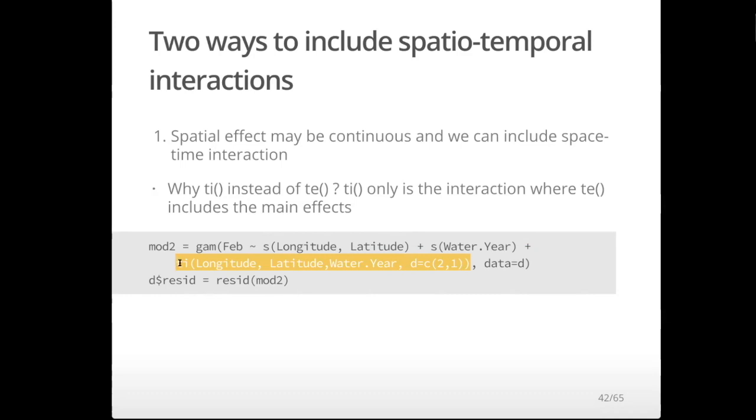That will give us the interaction between longitude, latitude, and year as a numeric interaction that's continuous rather than discrete as before.